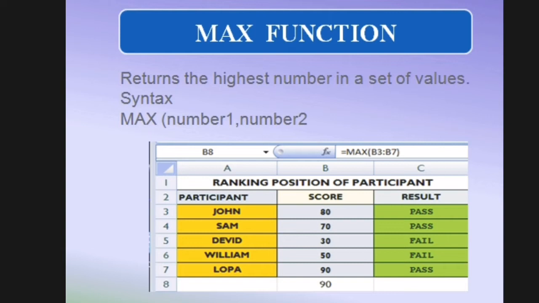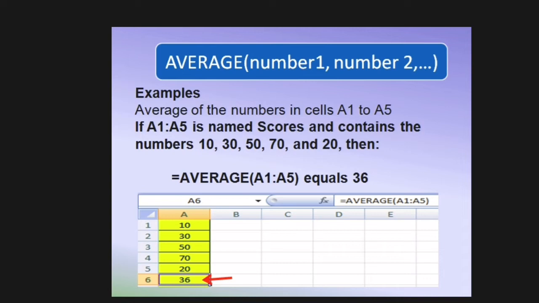AVERAGE function will find the average of the numbers in a given cell range like A1 to A5. Type the formula equals AVERAGE A1 colon A5, then it will show the output 36. So this is the answer of this average formula.